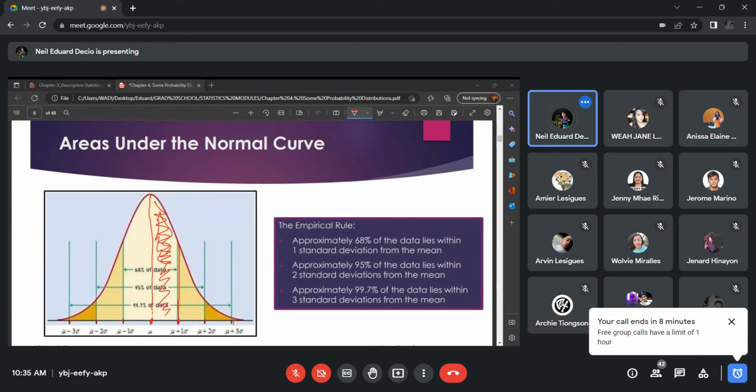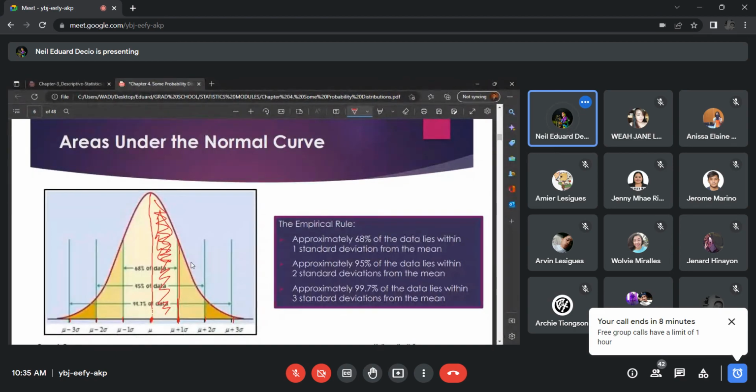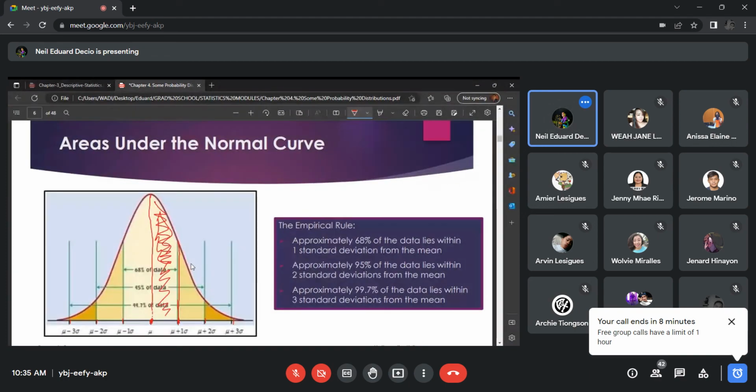There should be 34 because we know from the property earlier that it is symmetric. So if we divide 68, which is from -1 to +1, by 2, that's 34%. So 34% of the data lies from the mean up to +1 standard deviation.